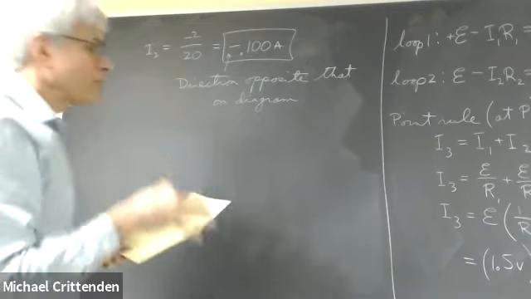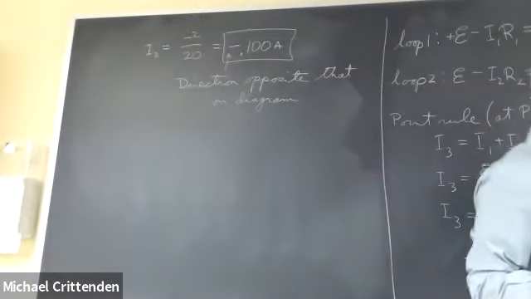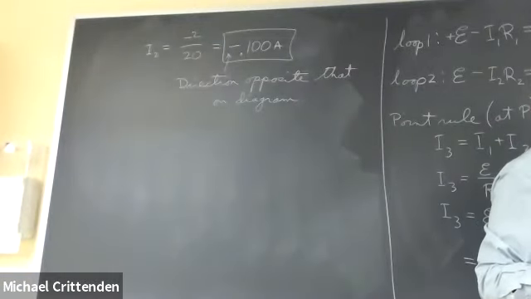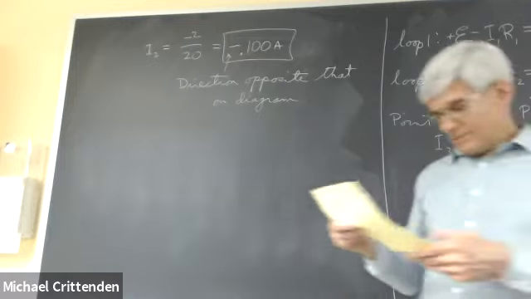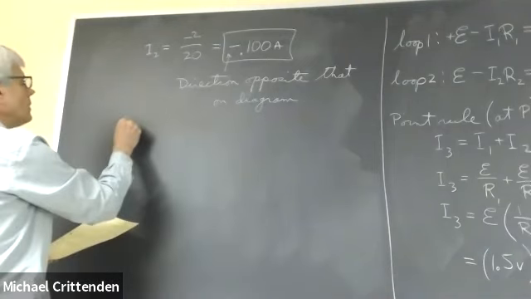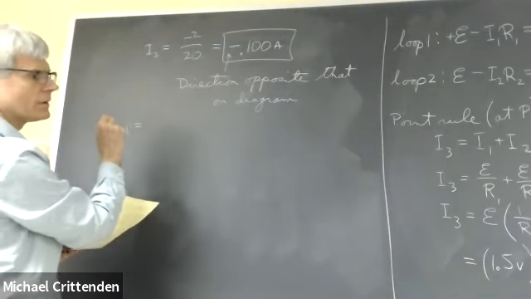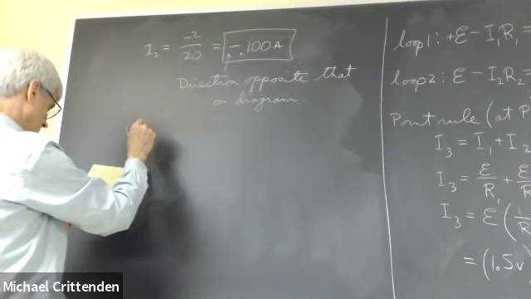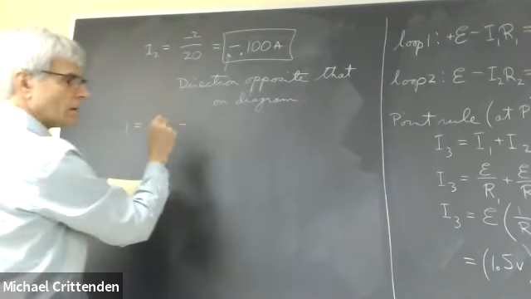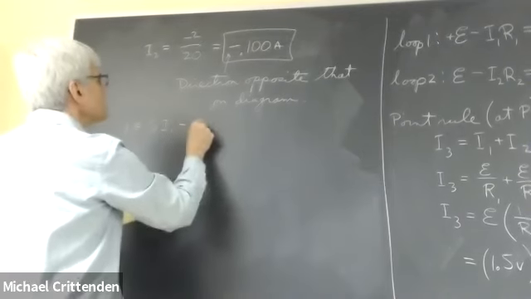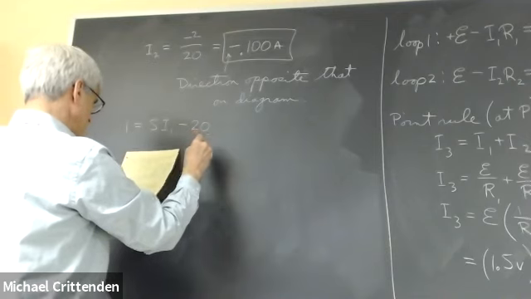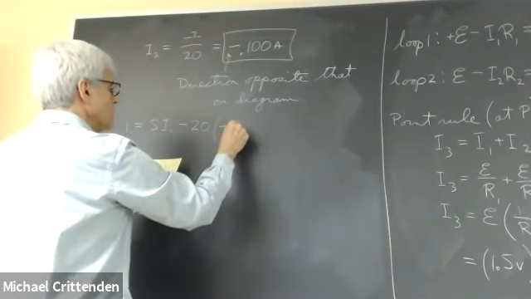Now that I have a number for I2, this equation that I circled back over here, I can stick in that number for I2 and I'll get I1. So it said 1 equals 5I1 minus 20I2, where I2 is -0.1.